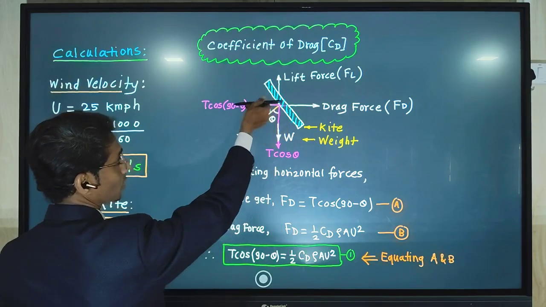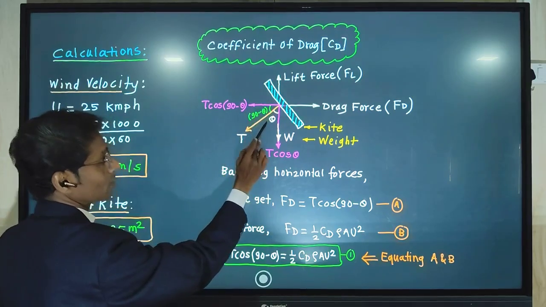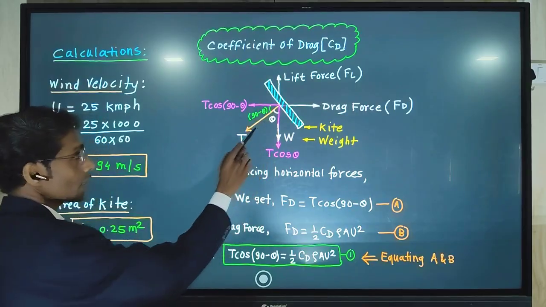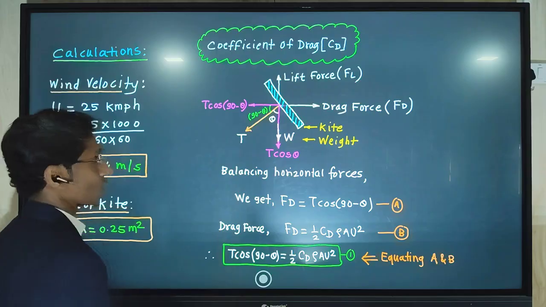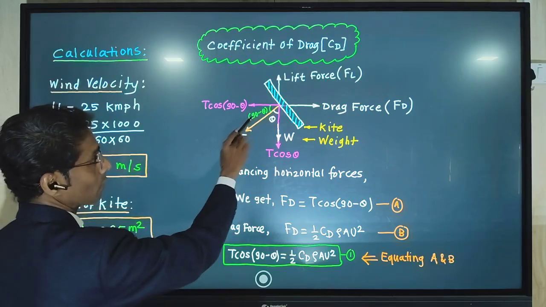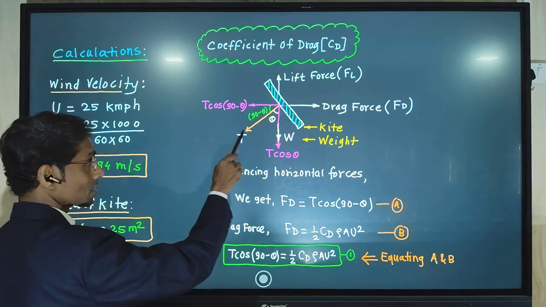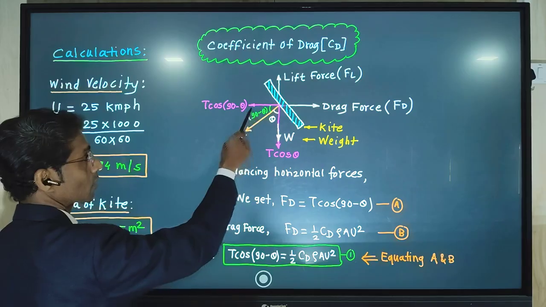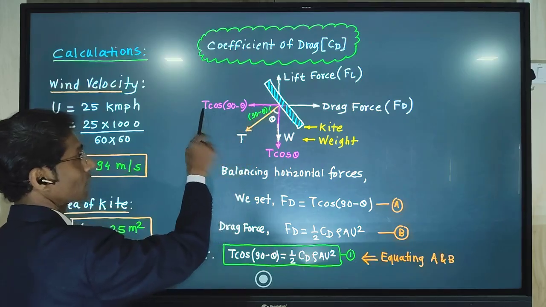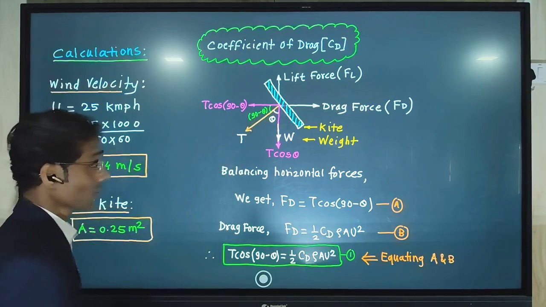One is a horizontal component. Angle made by the string with the vertical is theta. So remaining angle will be 90 minus theta. So adjacent component of this T with the horizontal will be cos ratio. That is why we take T cos of this angle, 90 minus theta.